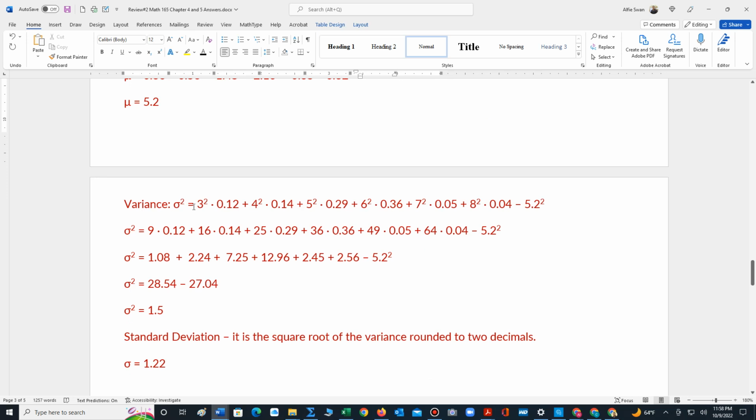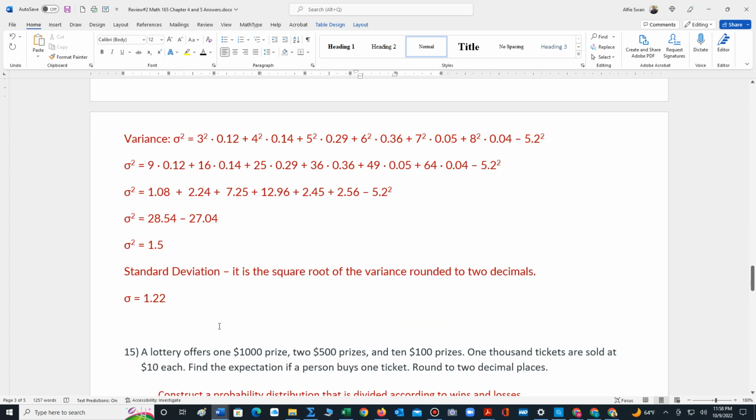So we take each value, square it, multiply it with the corresponding probability, find the sum of all those products, minus the mean, 5.2, squared. Performing the calculations, we end up with the variance is 1.5. Finally, standard deviation, we take the square root of 1.5 to get 1.22.